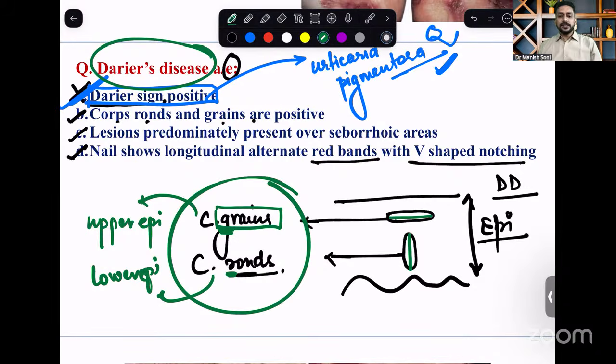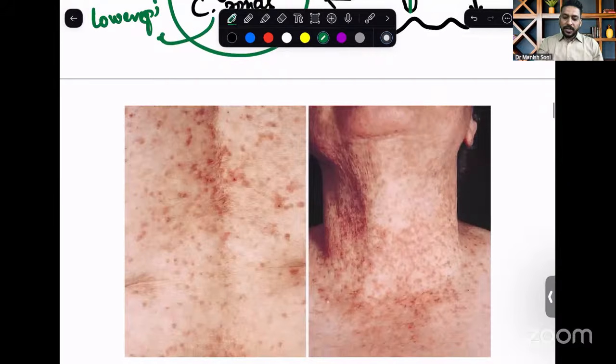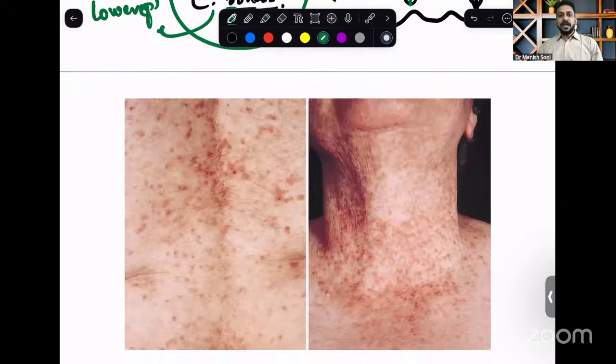And what are seborrheic areas? Seborrheic areas are those areas where sebaceous glands are more, like scalp, face, behind ear, neck area, upper chest, upper back. So here is a patient suffering from Darier disease where rough keratotic lesions start developing.